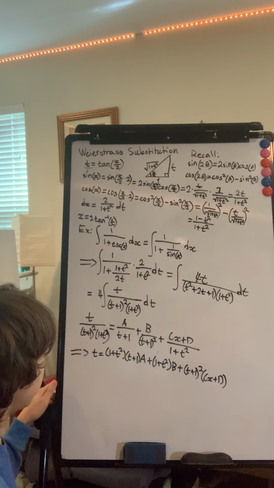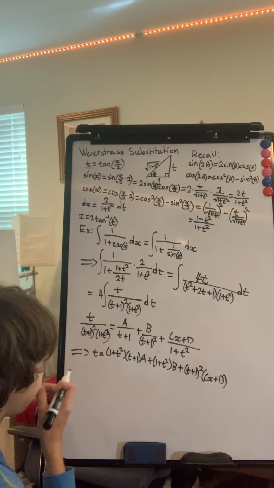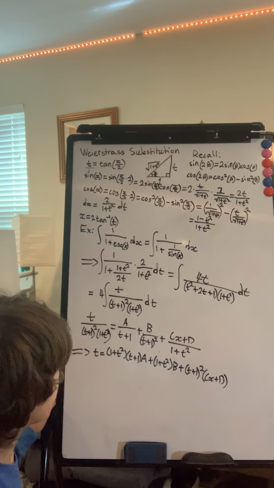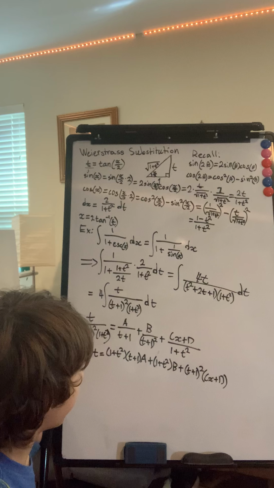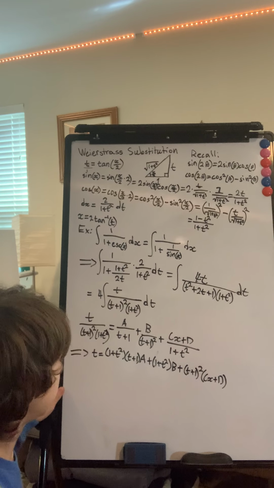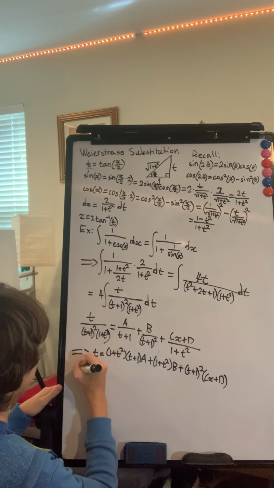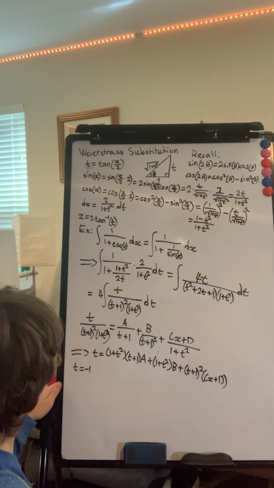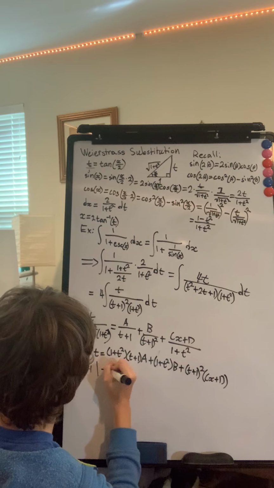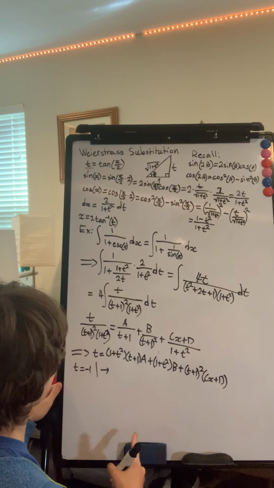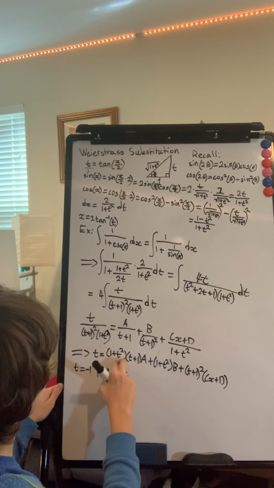Okay, this looks kind of ugly right now, obviously. So what can we do here? Whenever you're in situations like these, you want to find values that will cancel out a few terms. For example, let t equal -1. That would imply that we have -1 must equal... what do we get here?